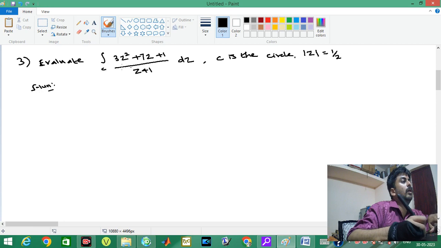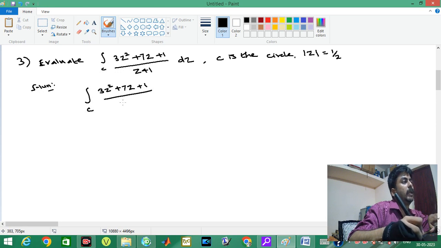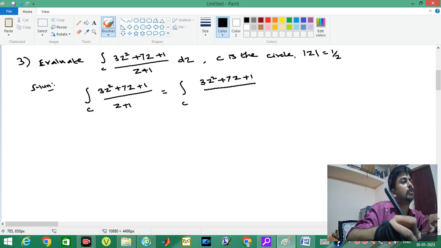See, I have to write the entire term in the following way. So the integral over C of (3z square plus 7z plus 1) divided by (z plus 1) can be written as the integral over C of (3z square plus 7z plus 1) divided by (z minus of minus 1).